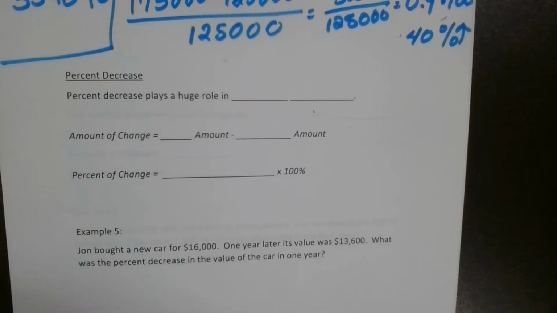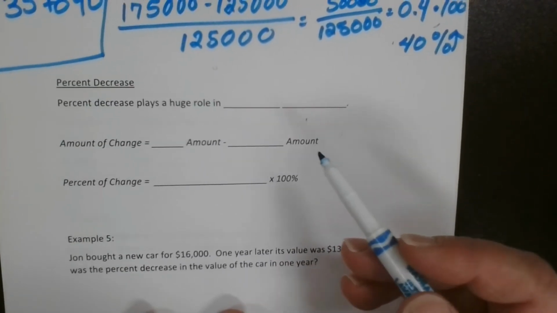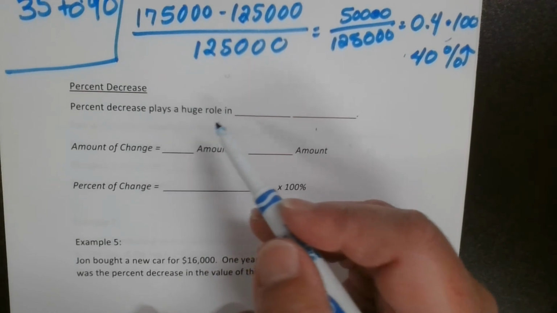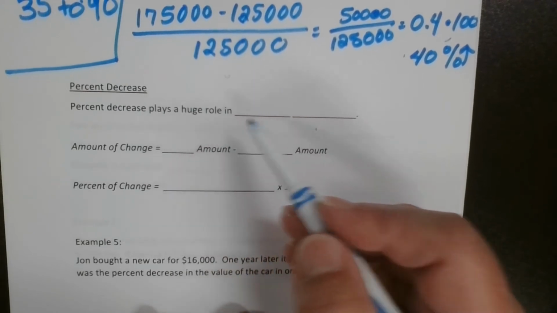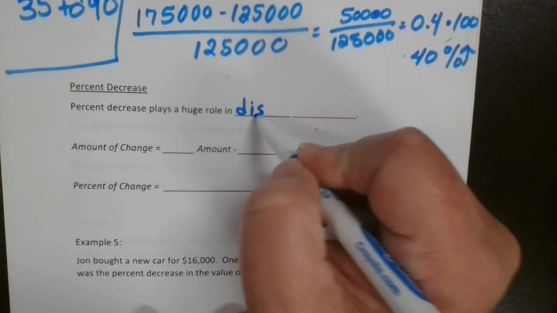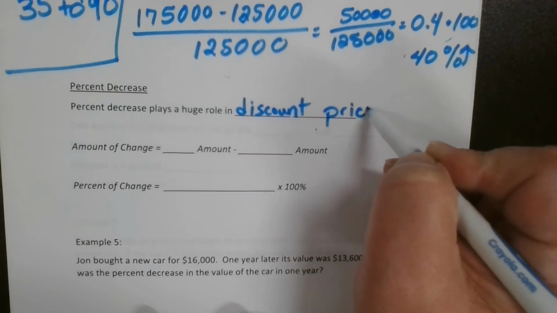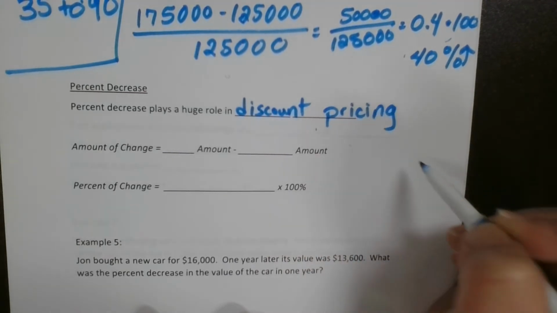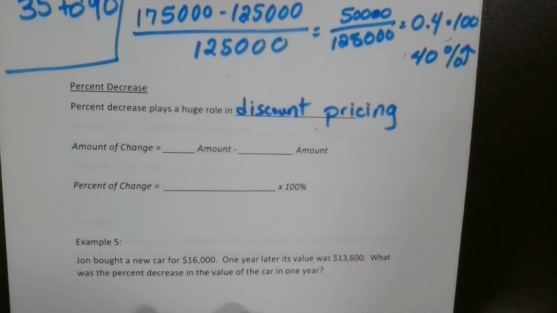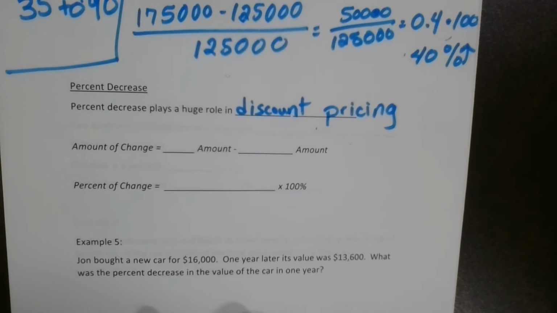Okay, the next part of this lesson concentrates around percent of decrease. The percent of decrease plays a huge role, especially this time of year around Christmas, in discount pricing. So when you go on Amazon and they say everything from this website is 32% off, here's how you find those amounts.